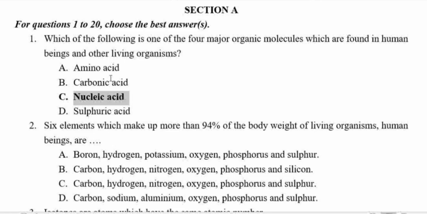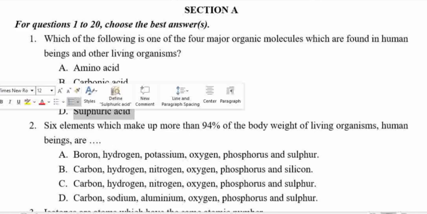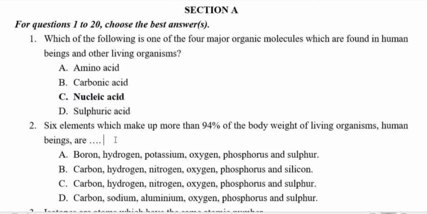The carbonic acid keeps dissociating in your body, and as it does so, it releases bicarbonate. So it means you have carbonic acid and bicarbonate ions in your body, and they play a significant role in regulating the pH of your blood. And then the sulfuric acid, it's also an acid, but it's not really part of the four major organic molecules. So our best answer is nucleic acid.